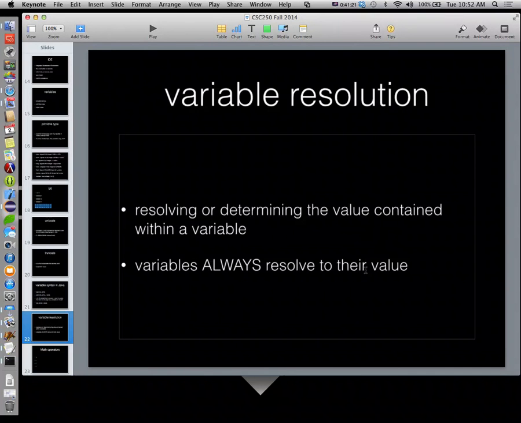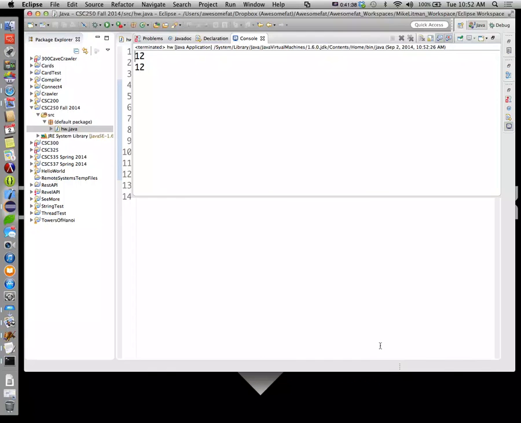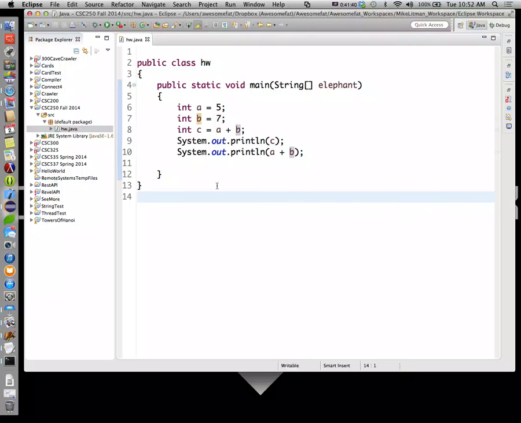Variables always resolve to their value. Here I'll add a little thing: at runtime, which is what we really care about when our computer's running, a variable resolves to its value. Okay.